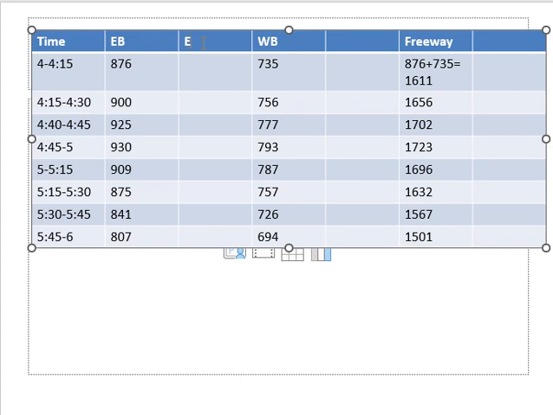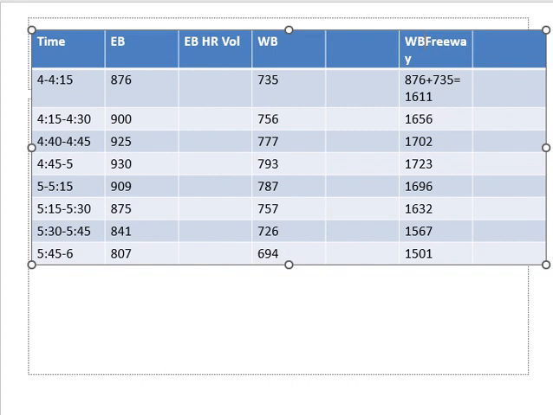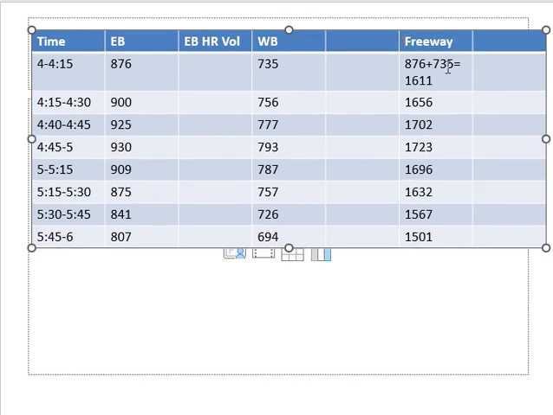Okay, so eastbound hourly volume. Then I will have westbound hourly volume. Then I will have freeway hourly volume.